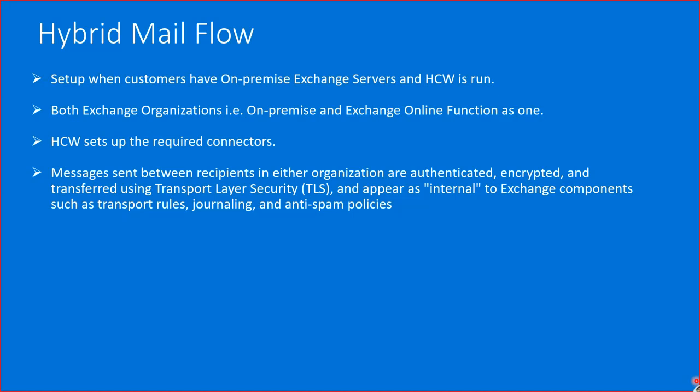appear as internal to all Exchange components, be it the on-premise environment or the Exchange Online environment. Essentially, the users and even the Exchange components do not differentiate a message coming from on-premise to Exchange Online, or vice versa, as coming from a different source; it is considered to be an internal message.